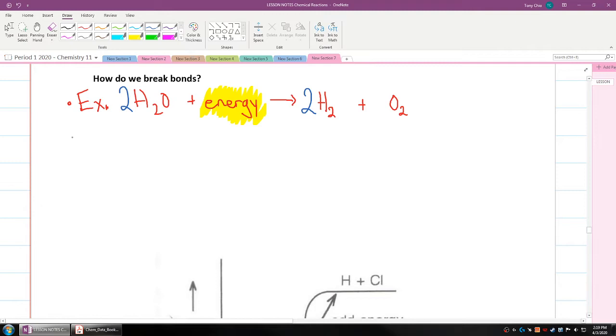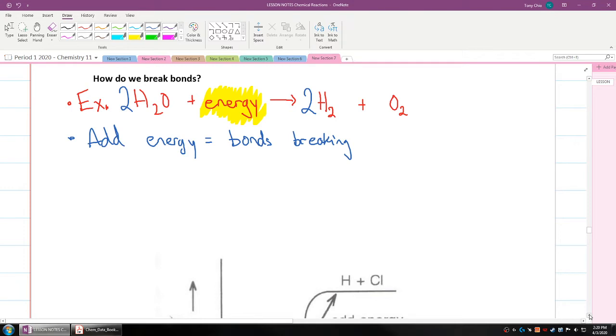When you add energy, it leads to bonds breaking. You could think of this like a rubber band. When you add energy by stretching that rubber band, you're going to break it. And that's what's happening here. You can think of these bonds as rubber bands.